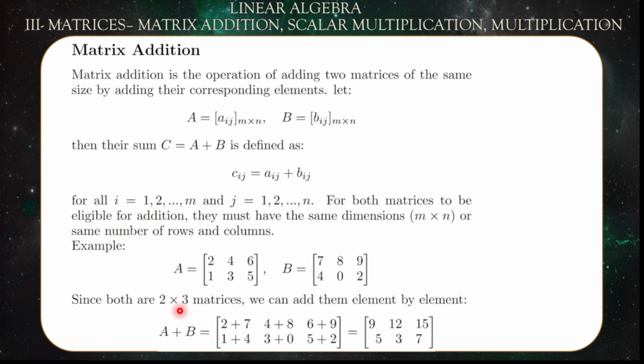Since both are 2 times 3 matrices, we can add them element by element. So A plus B is equal to 2 plus 7, 4 plus 8, 6 plus 9, 1 plus 4, 3 plus 0, 5 plus 2, which gets us 9, 12, 15, 5, 3, 7.